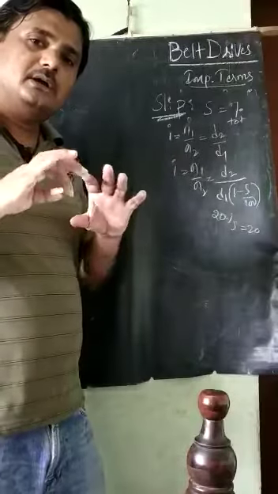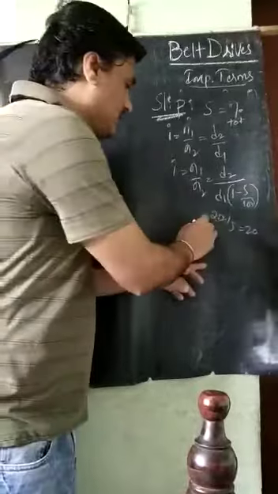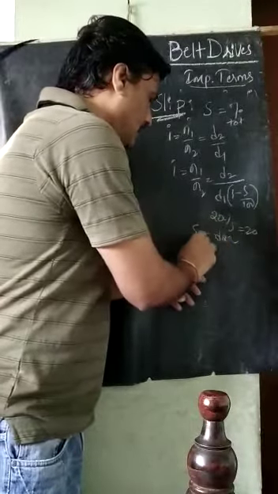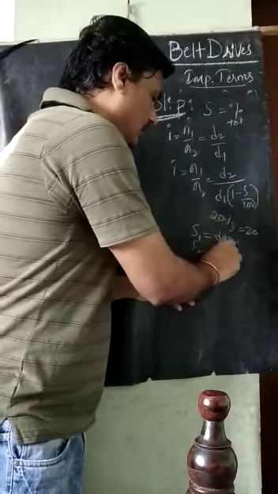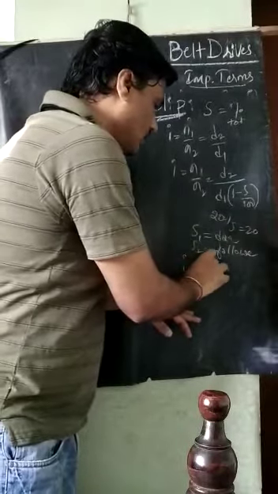If the slips for the driver and the follower are different, for example S1 is the slip for the driver and S2 is the slip for the follower, then how do we account for it?